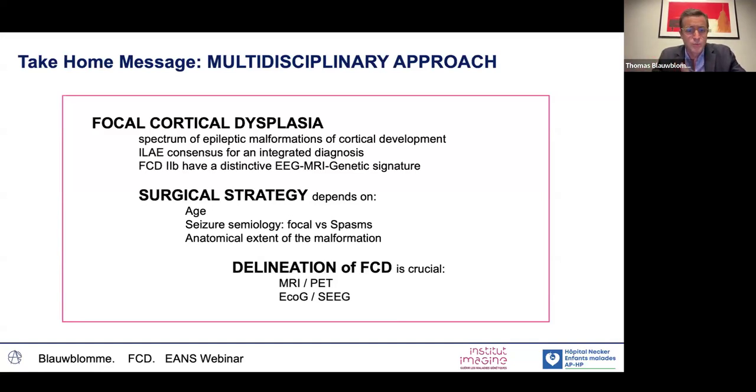But above all, preoperative delineation of the FCD is crucial, using MRI, PET scan, intraoperative, plus or minus extraoperative electrophysiological recording, because the delineation of the FCD is what helps you to perform a surgery that will lead to seizure freedom in the patient. And I thank you for your attention.